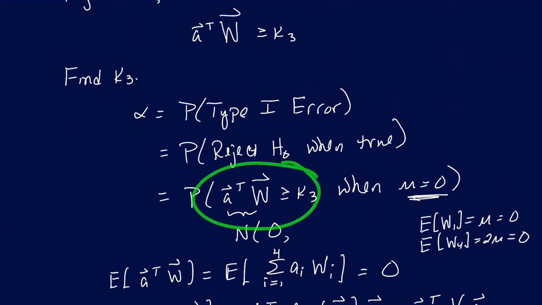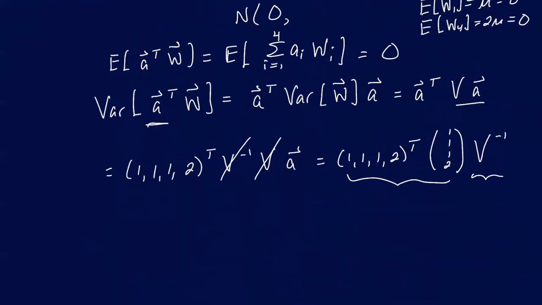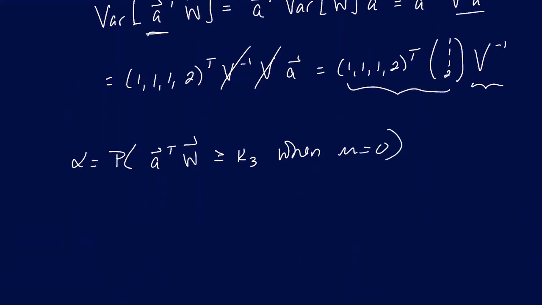The test is to reject when this happens, and we can standardize this into a standard normal. Under the null hypothesis, we would subtract the mean of 0, and then divide by the square root of the variance. So let me clean that up. We have alpha is the probability of A transpose W greater than or equal to K3 when mu is 0.